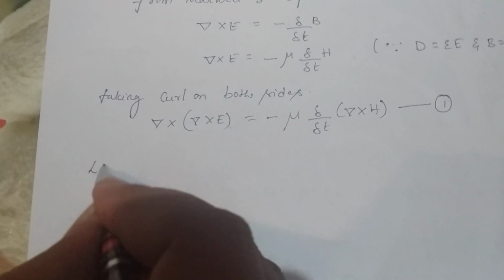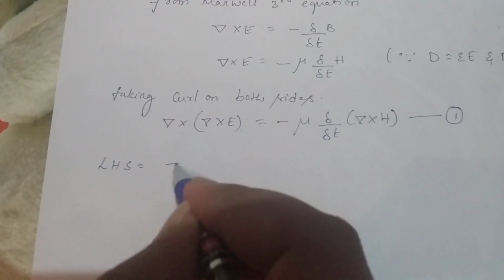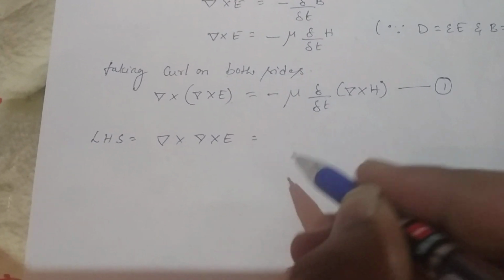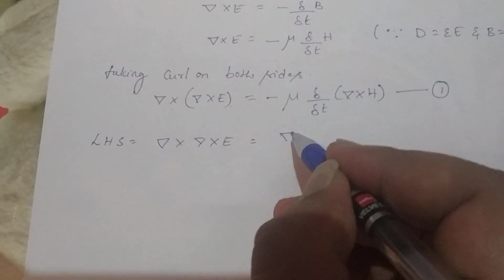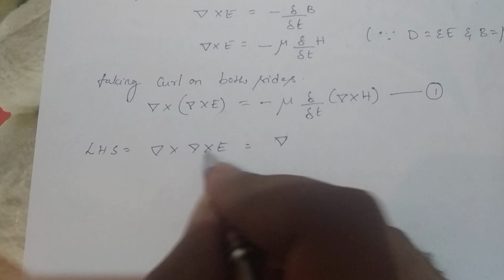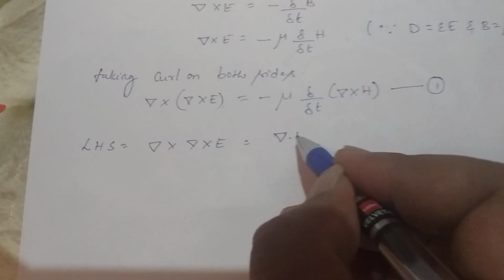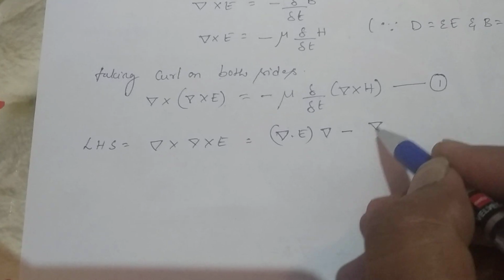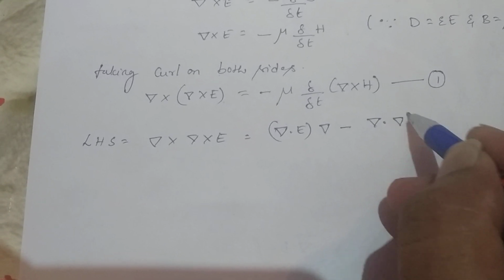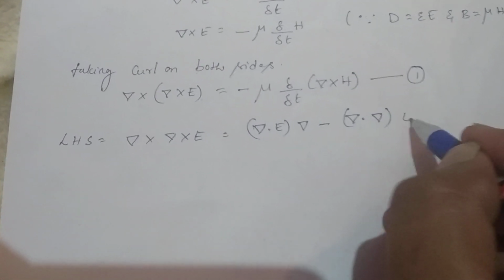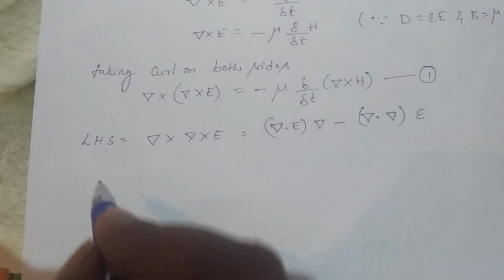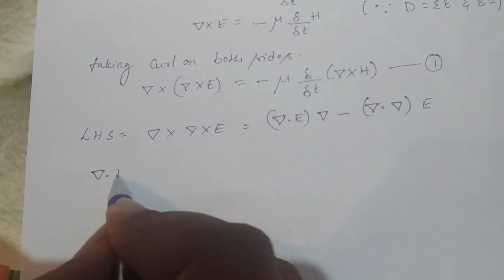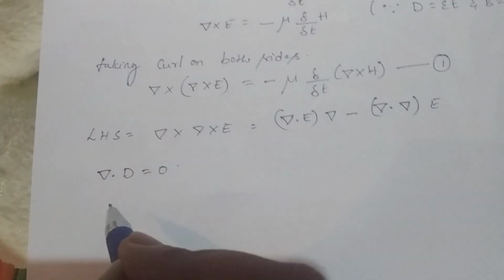I will take LHS first. Del cross E is equal to, from the vector identity, this is a rule, the curl of curl of E is equal to divergence of E into del minus del dot del into E. From Maxwell's first equation, del dot D is equal to 0.